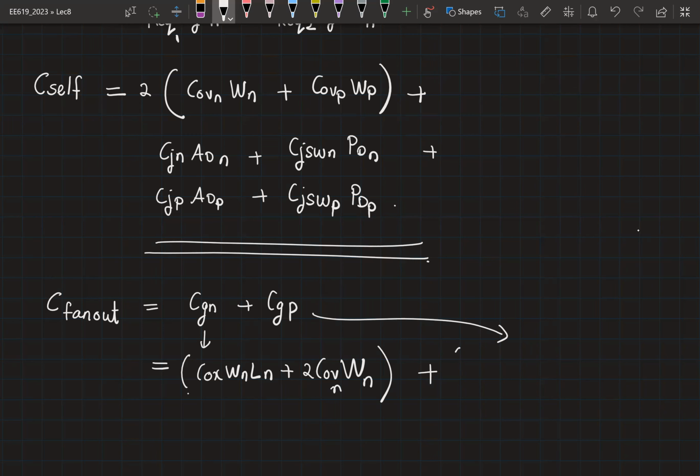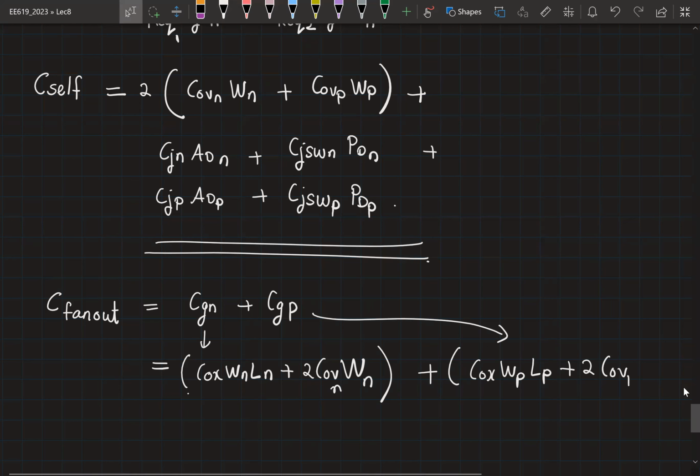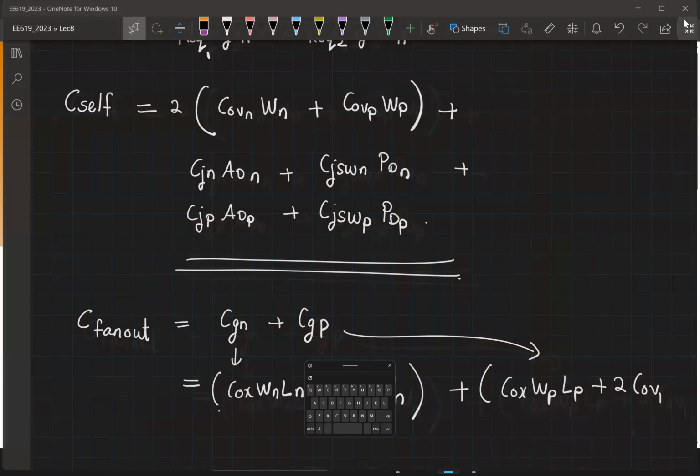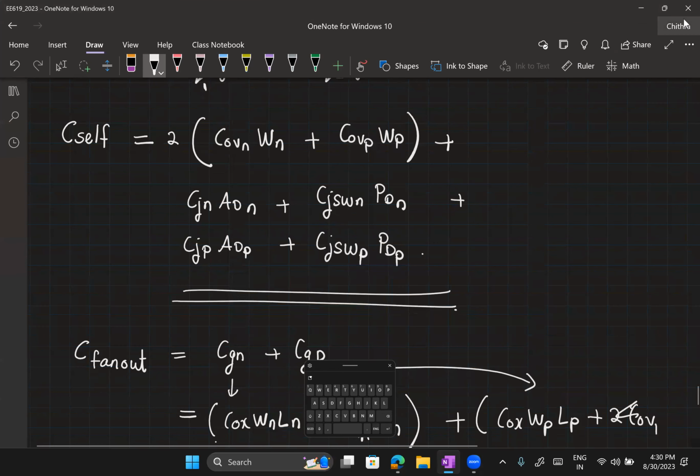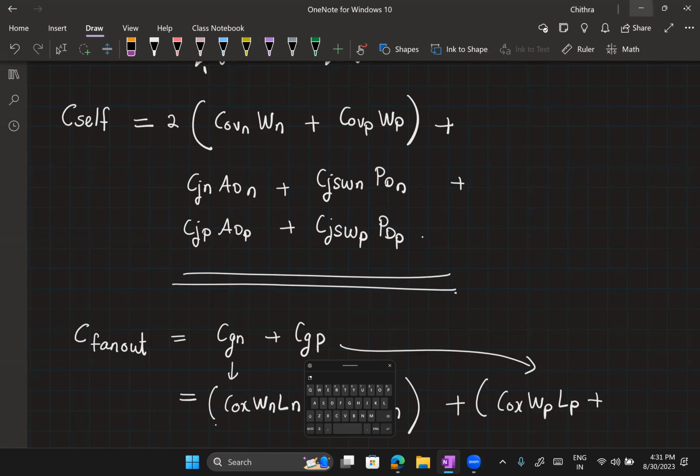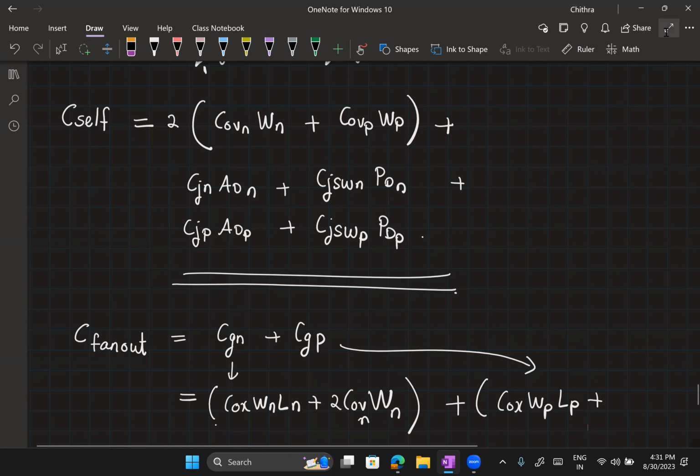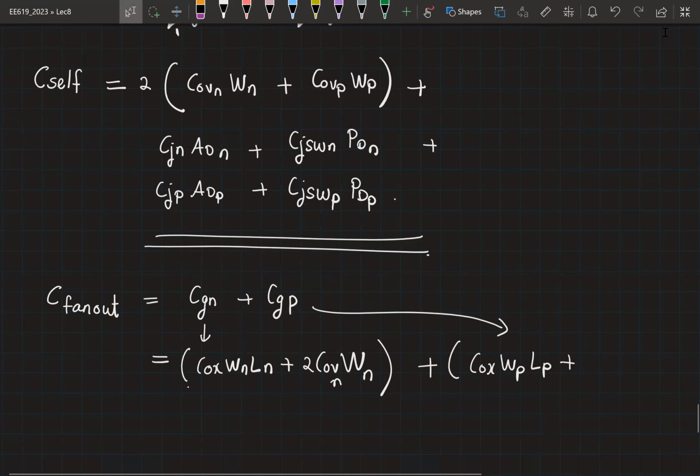So we'll also approximate this to be COX WP LP plus 2 times COVP into WP. Right? So you now know the value of the self capacitance.